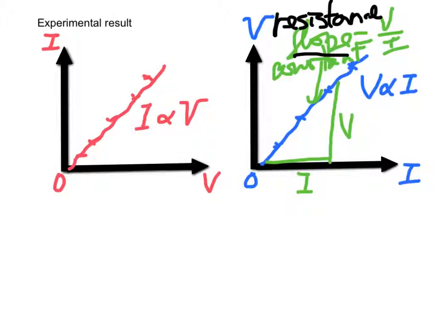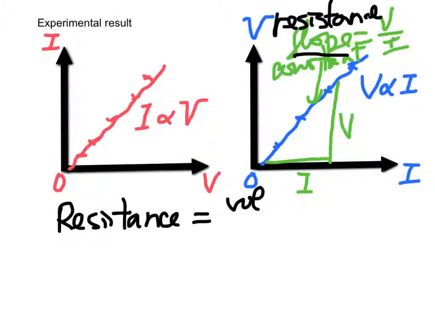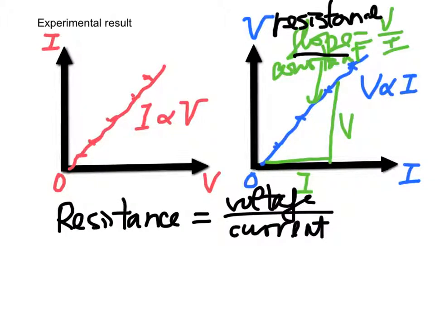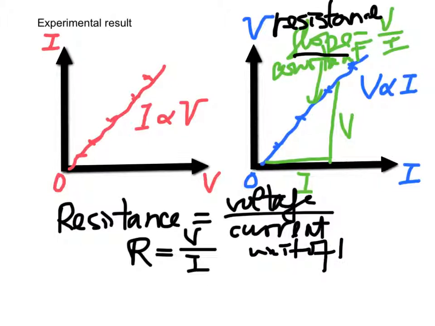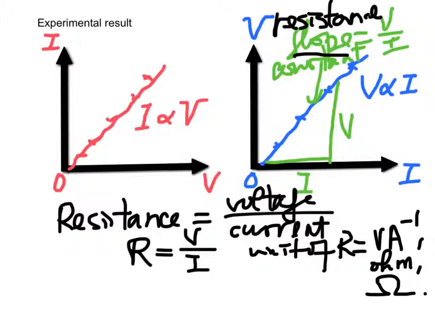Therefore, for an irregular wire, the resistance is equal to voltage over current, and the ratio is resistance R equal to voltage V over current I. The unit of R is volts per ampere, or we say ohm, with the symbol Ω.